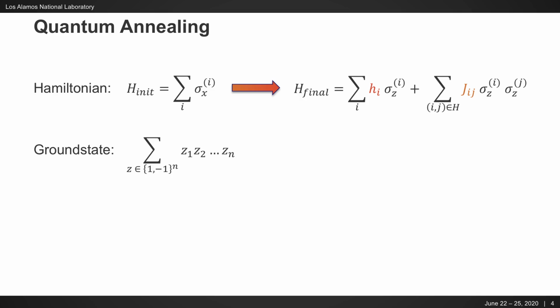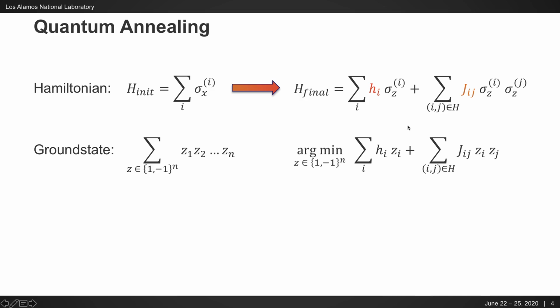Now the hope of quantum annealing is that if we do it correctly, we can reach the ground state of the final Hamiltonian, or one of the ground states of the final Hamiltonian. And such a basis ground state would minimize this quadratic function here.